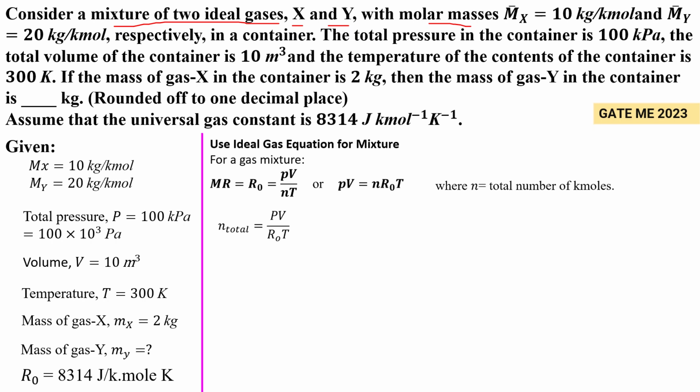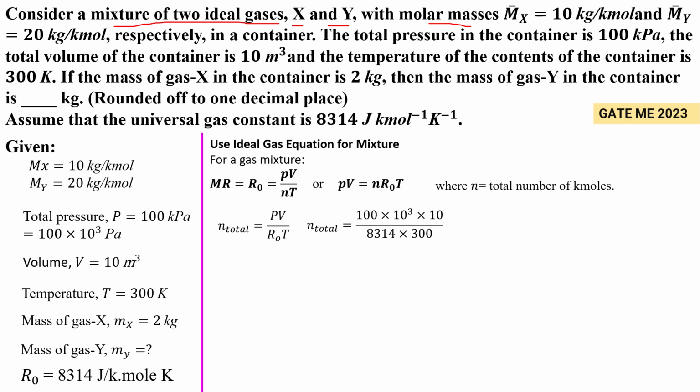So total number of kilomoles is equal to PV divided by R naught into T. Here we know the total pressure, total volume, temperature, and R naught value also. Substitute. So we will get N total equal to 100 into 10 cube, which is the pressure.